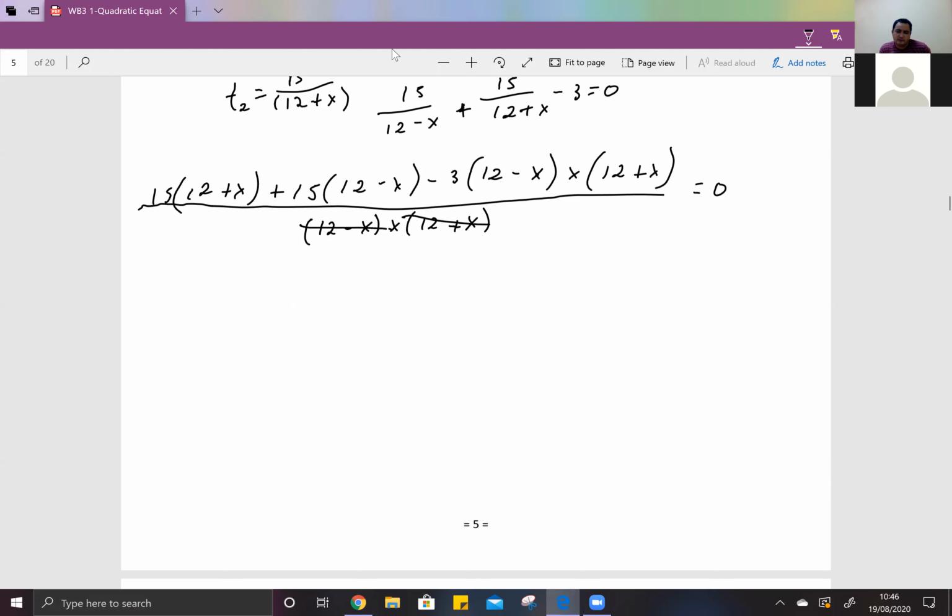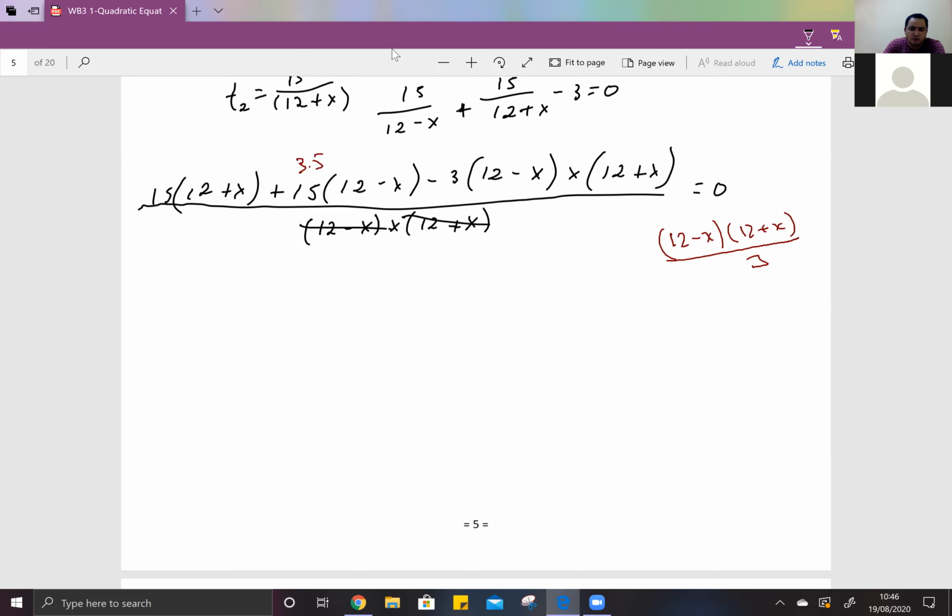Okay. At the same time, why don't you multiply by this: 12 minus X, 12 plus X, and over 3. That is a common factor because also here, this 15 is 3 times 5, this 15 is 3 times 5, and here we have 3 times 1.